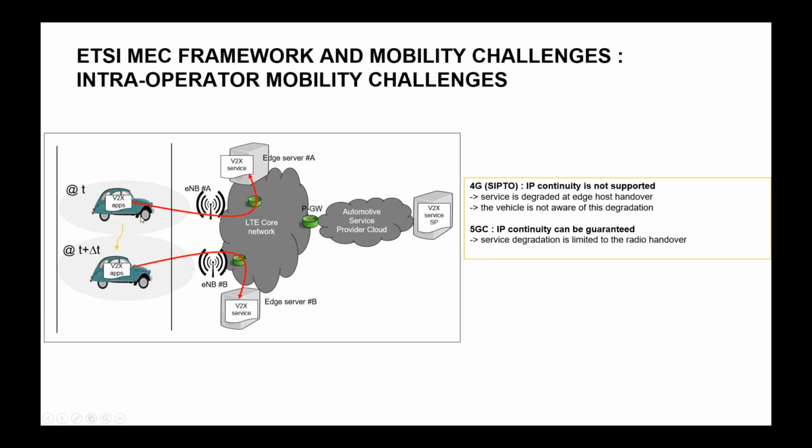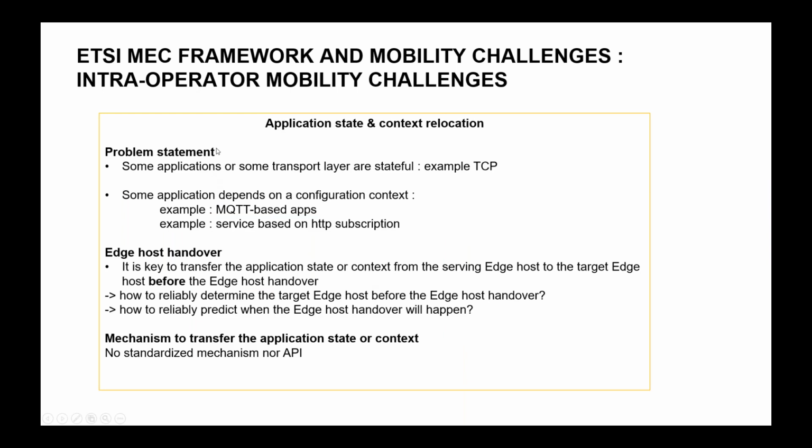For a 5G network, you may keep the IP continuity. So the degradation during the transition from cell A to cell B is only in the range of a few milliseconds. However, there is still some problem to be solved. Some applications on some transport layers are stateful.